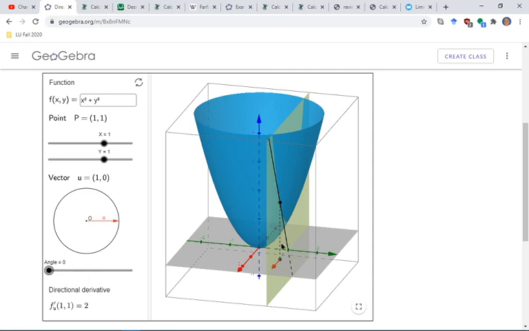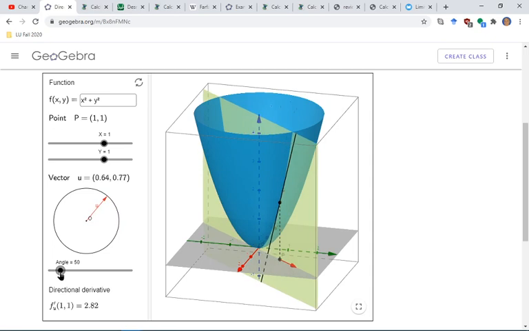Suppose I want to make a partial derivative with respect to y. What do you think should be the angle that I am going to cut the surface at? I want to slice parallel to the y-axis, parallel to the yz plane. So I keep going.